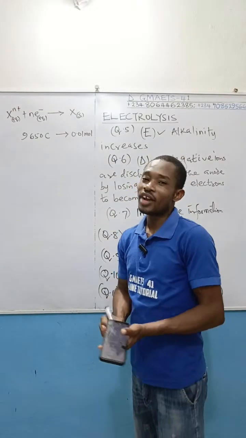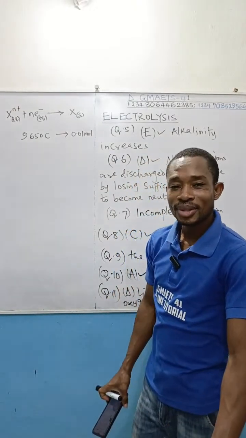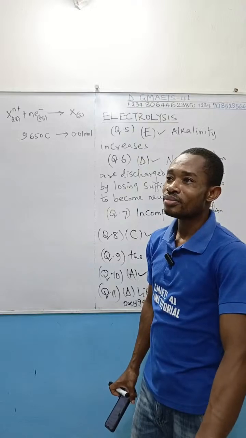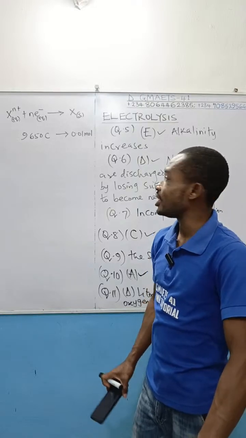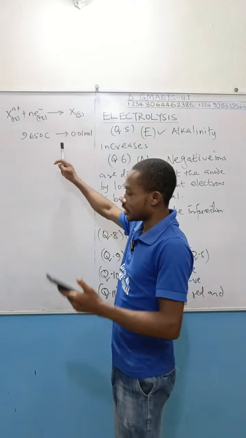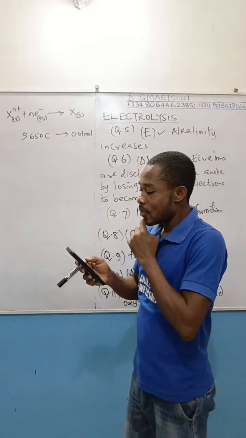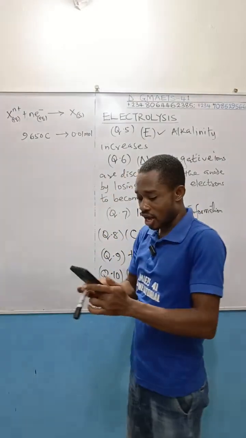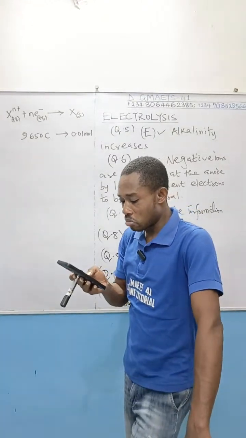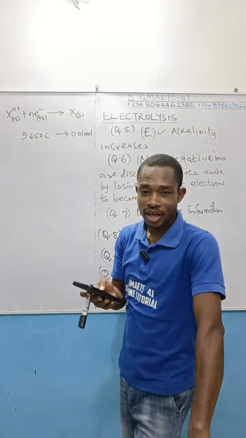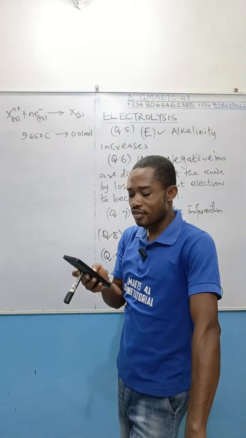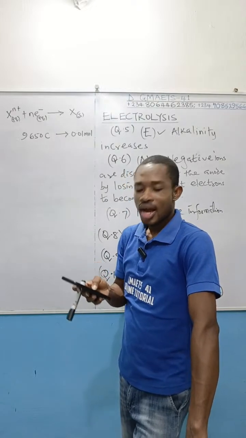If we want to get the valency of the metal, you can get it from the number of Faradays. Here we are told the quantity of electricity that was passed. We don't know the relative atomic mass of the metal, making the problem more complex. But I've given you a formula already.